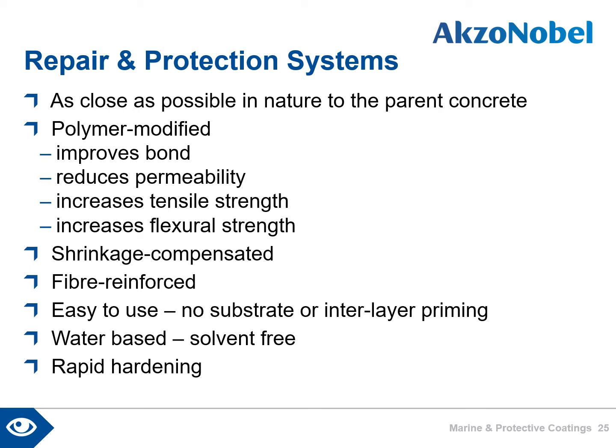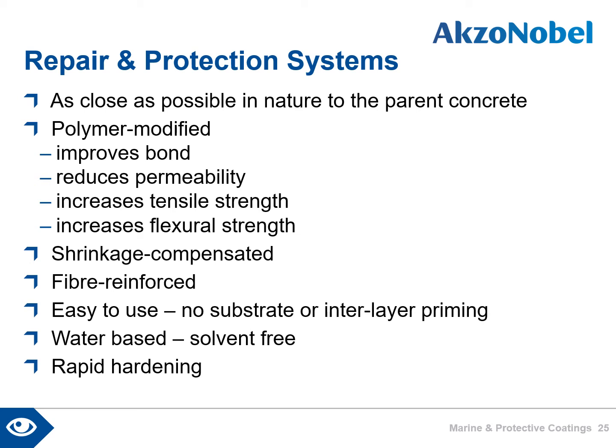In part, to achieve this, we use polymer modification, as this improves bond, reduces permeability, and increases both the tensile and the flexural strengths. The system should be shrinkage compensated so that there is no loss of volume during curing.